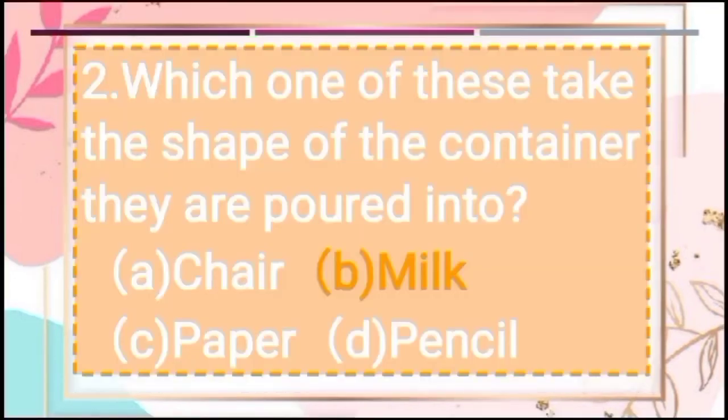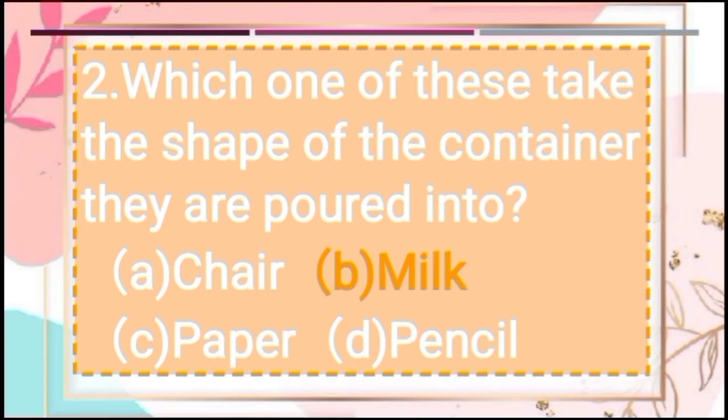Now let's see second MCQ. Which one of these take the shape of the container they are poured into? Option A, chair. Option B, milk. Option C, paper. And option D, pencil. The answer is milk.